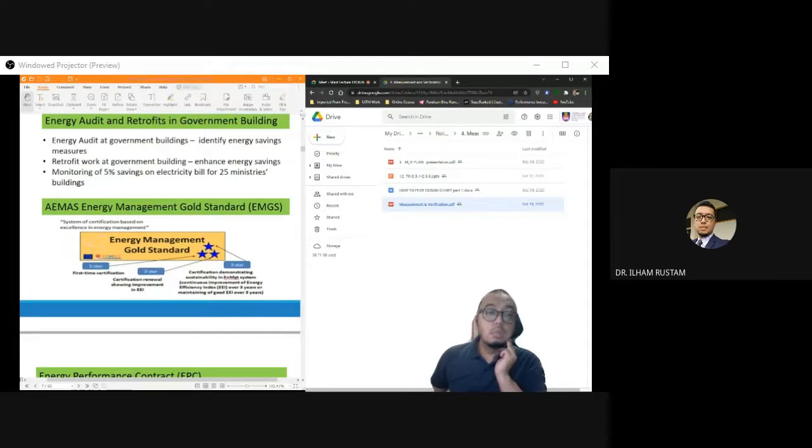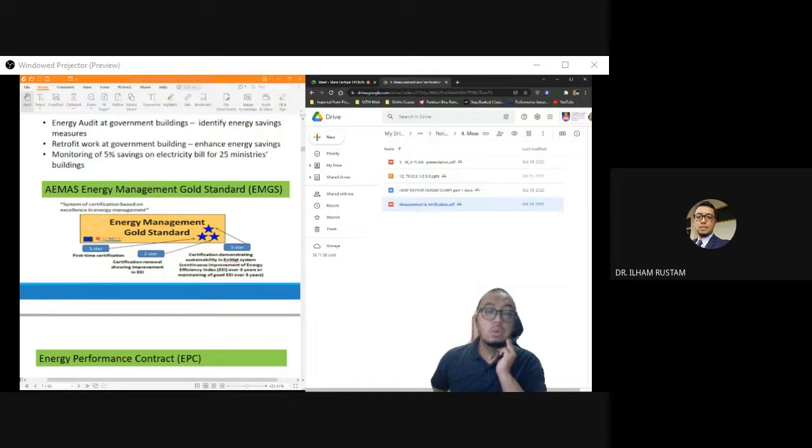But basically, based on their observation, or auditing, they found that they are able to save 5% on electricity. And they are also striving to achieve EMGS for each of the ministries buildings. But of course, again, due to the change in political scenery, EMGS maybe has been put on the back burner, considering nowadays people are struggling with COVID survivability and issues with the economy.